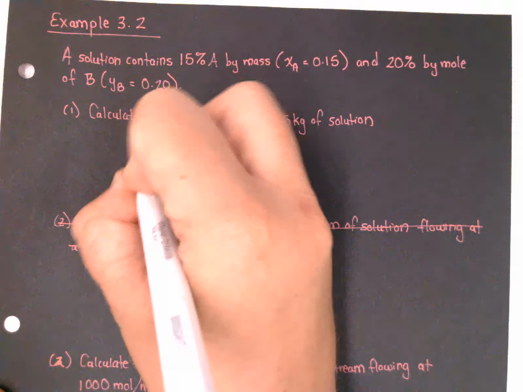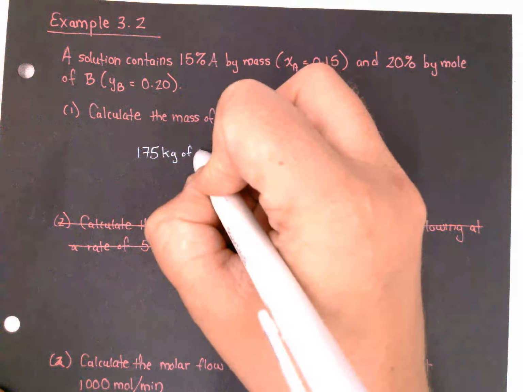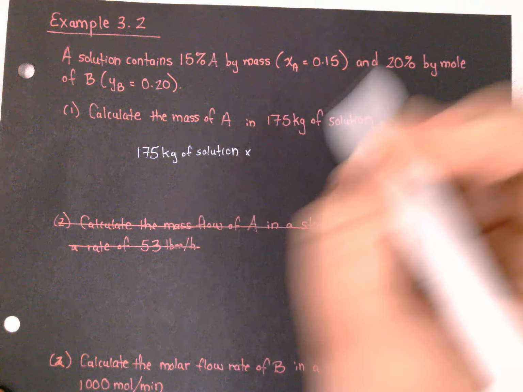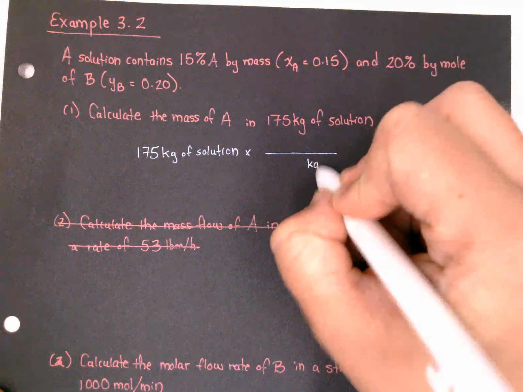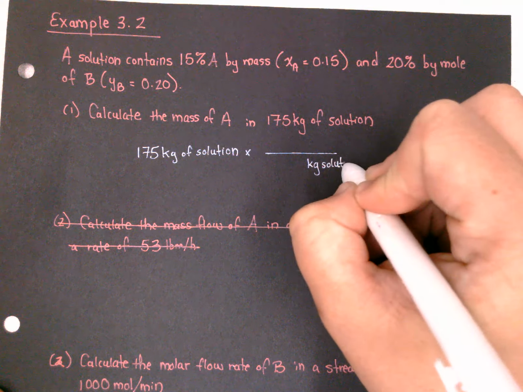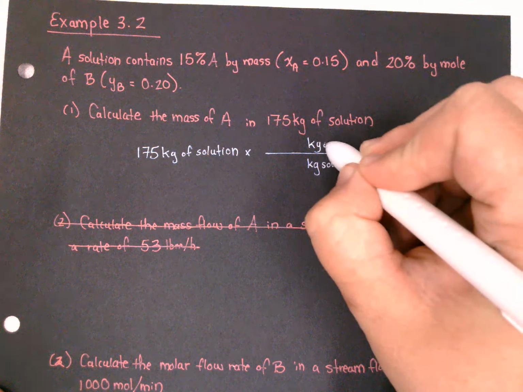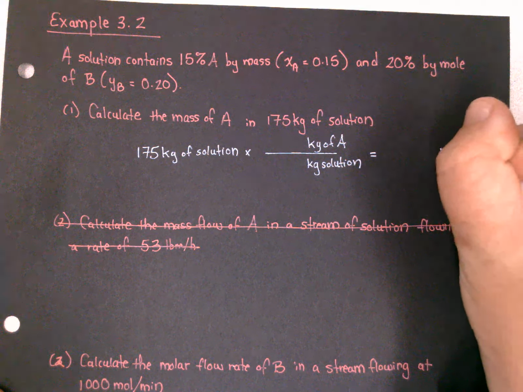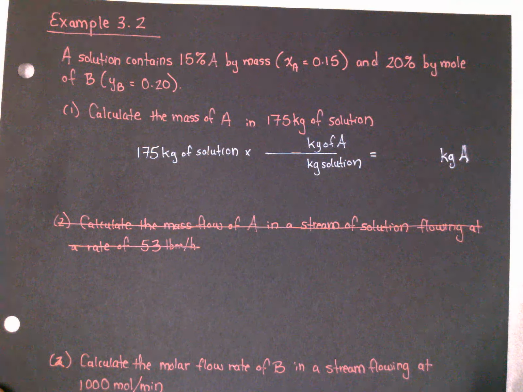If we have 175 kilograms of solution, we need to multiply that by something that has kilograms of solution in the bottom and kilograms of A in the top in order to get the mass of A. All right.